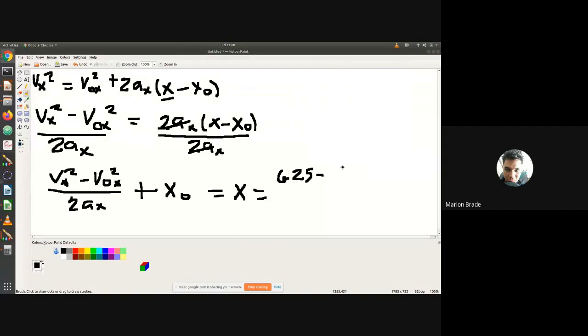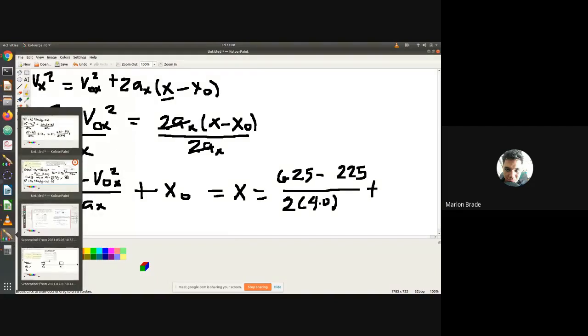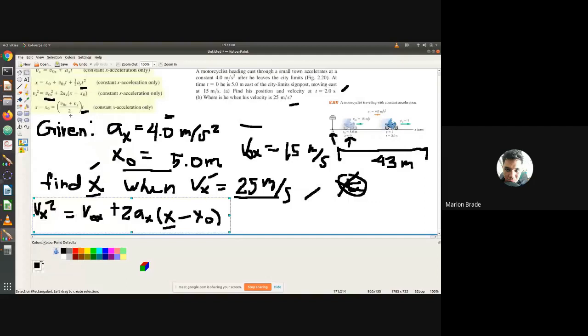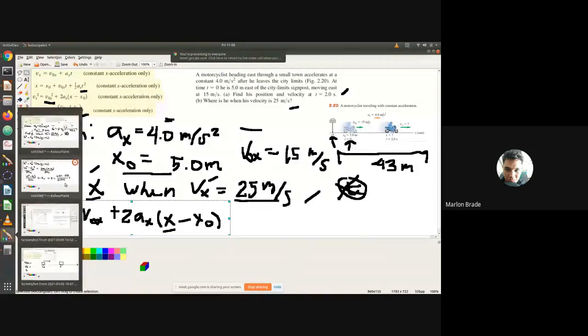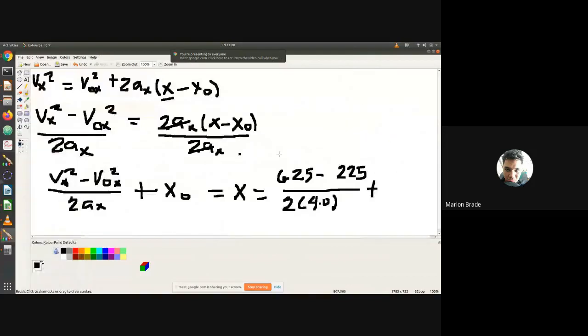So naka 225 minus, all over by 2 times ang acceleration, which is 4. So pila imong x naught? X naught is 5.0 meter. So that is 5.0 meter.